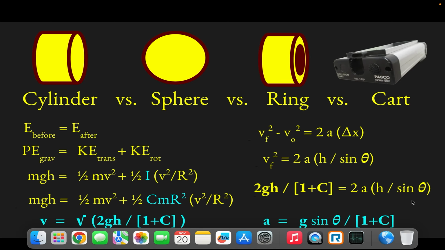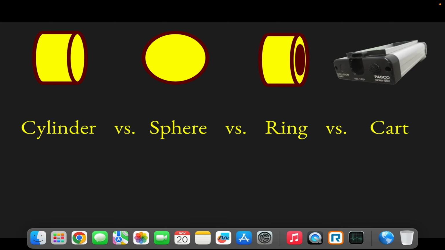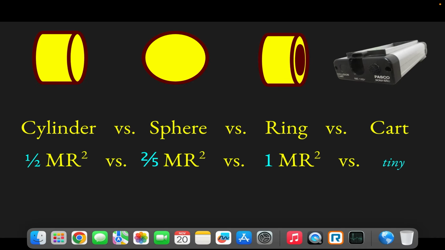Let's take a look then at the acceleration of each as they go down the ramp. Here are our four shapes, and here are the moments of inertia of each of these things, where again, the moment of inertia of the tiny wheels will be very small. We just derived this expression, a equals g sine theta over 1 plus this coefficient.